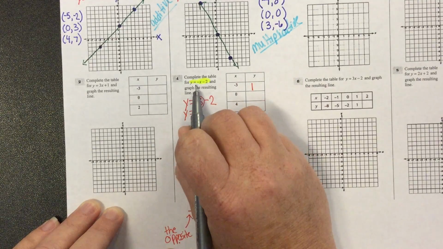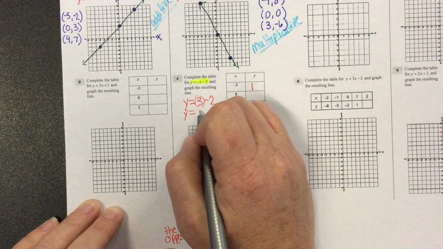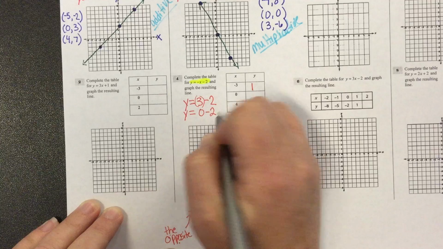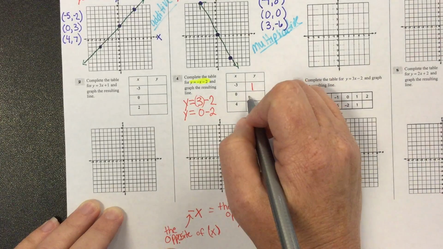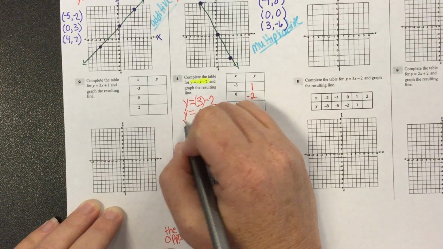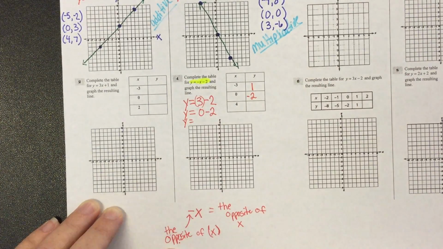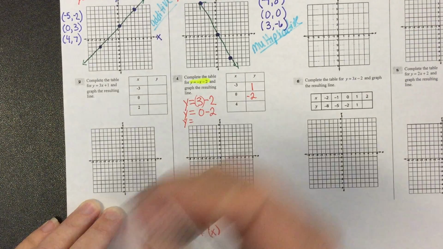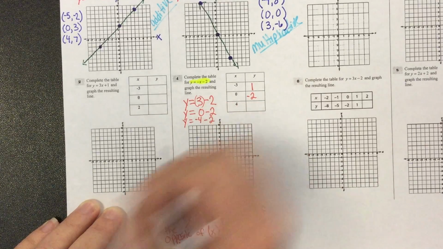Y equals the opposite of 0. Rainy? 0 minus 2. 0 minus 2 is what, Mason? Negative 2. Last one. Y equals the opposite of 4 is what? Negative 4 minus 2.